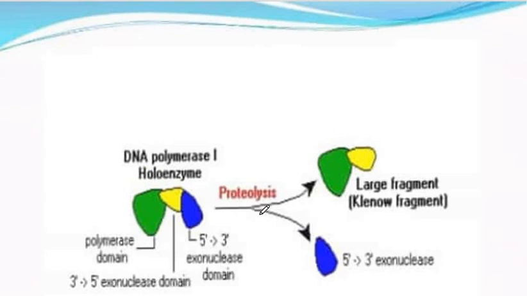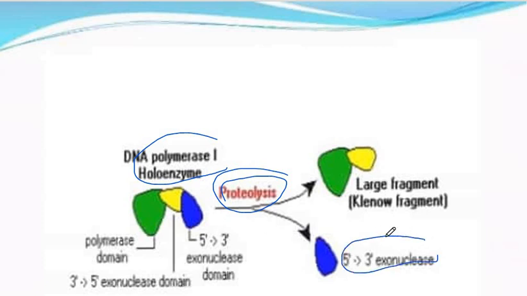Now, if we treat the DNA polymerase 1 holoenzyme with the protease subtilisin, it undergoes proteolysis and lacks 5' to 3' exonuclease activity.